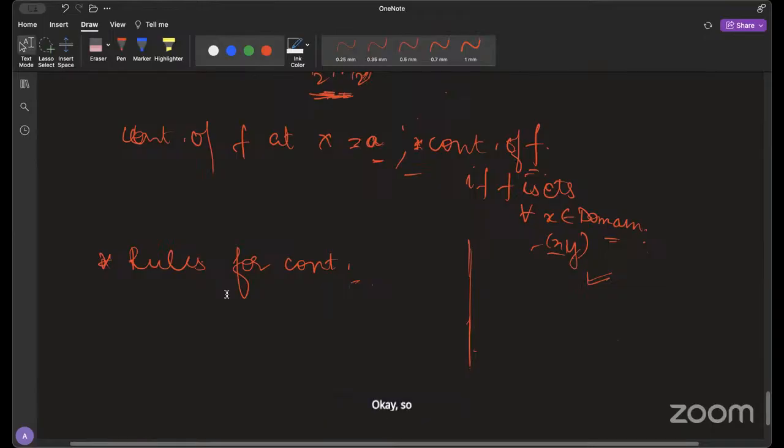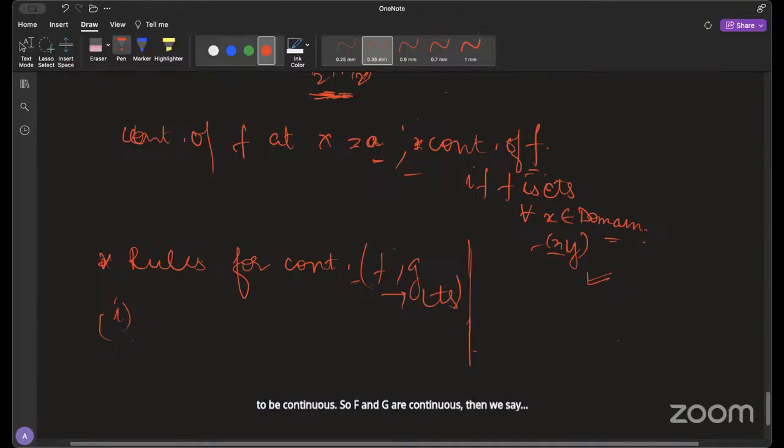Okay, so the rules for continuity. This is the first one. Firstly, you would need f and g to be continuous. So f and g are continuous. Then we say that your f plus g is continuous as well, and your f minus g is continuous.